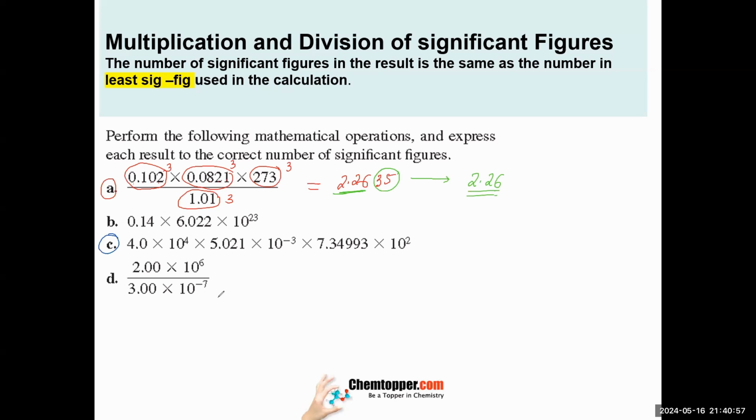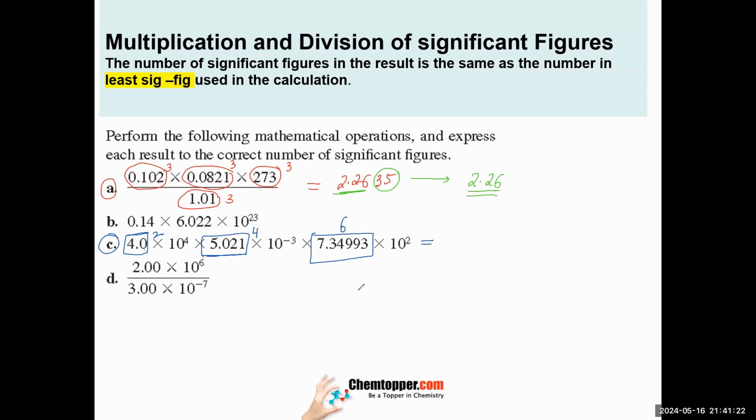Now, check the C part. So we are doing multiplication here. How many significant figures in this measurement? 2. Trailing zero counted because there is a decimal. How many here? 1, 2, 3, 4. How many here? 1, 2, 3, 4, 5, 6.